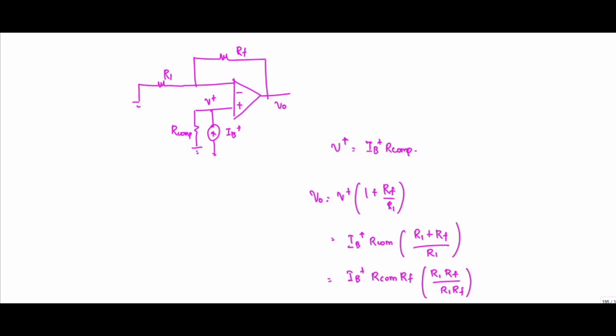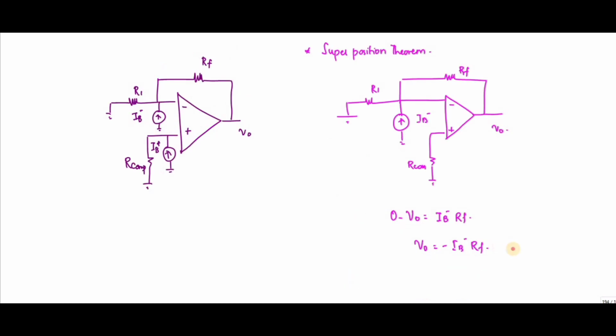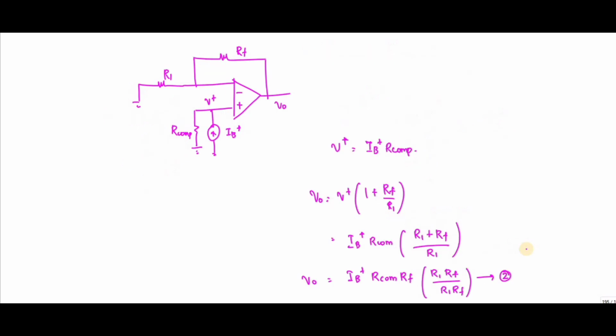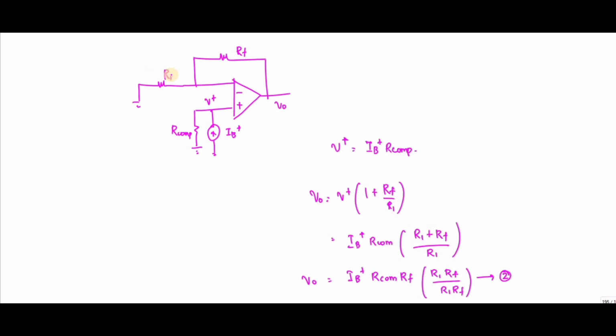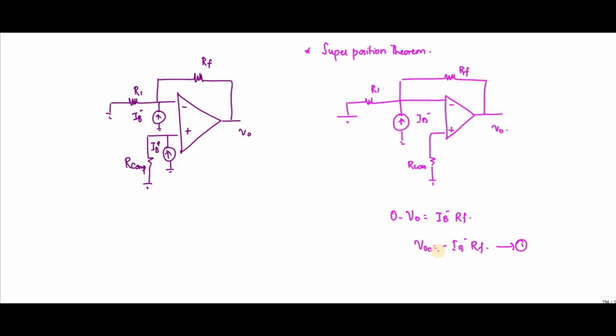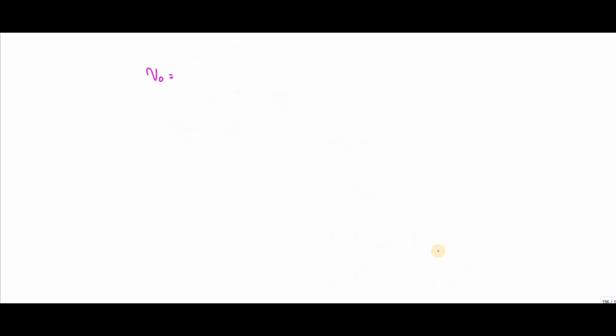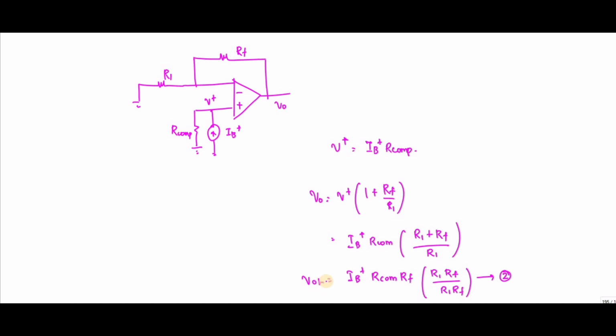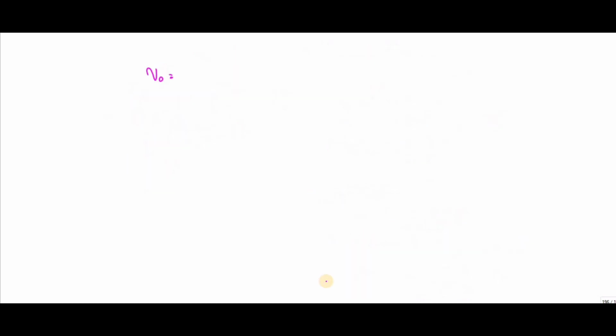Since I have used the superposition theorem, this is the second equation and this one is the first equation. So the total voltage I can write as V naught is equal to, let me term this one as V naught of A and this one is V naught of B. Okay.